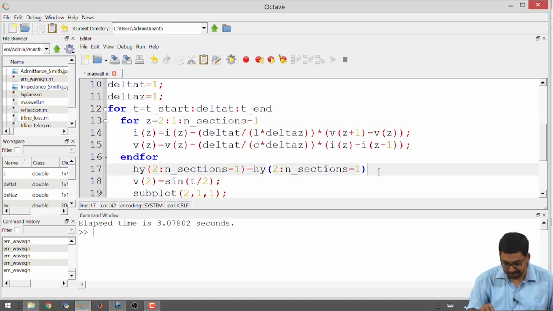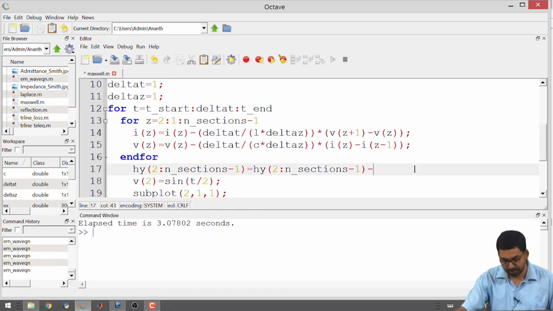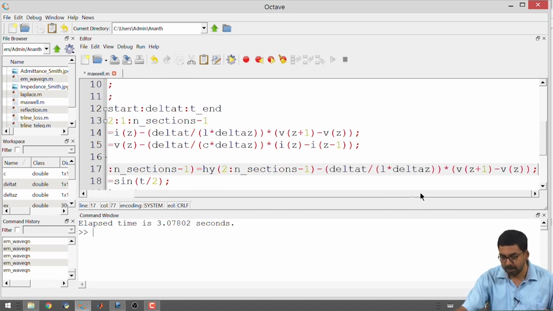minus delta t by 1 times delta z. One is the Courant factor that we did not discuss in this course, maybe in a later course. Right. V of z plus 1, right.